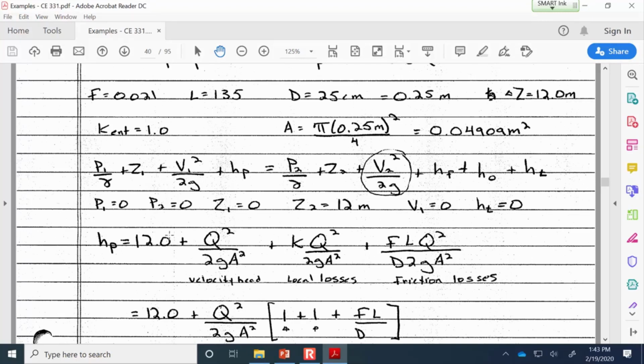But then we also have to add a little more energy because the water's still going to be moving at location 2, and we have to add enough energy to overcome the local losses and enough energy to overcome the friction losses.